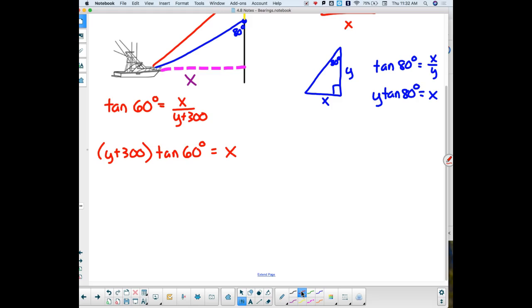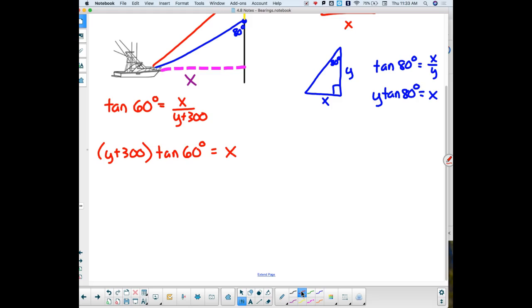Mathematically speaking, tell me what I can do now. Set the x's equal to each other? Then get x equals x. Ian? I was going to say make a system of equations. Don't even need to make a system of equations, I already have one.